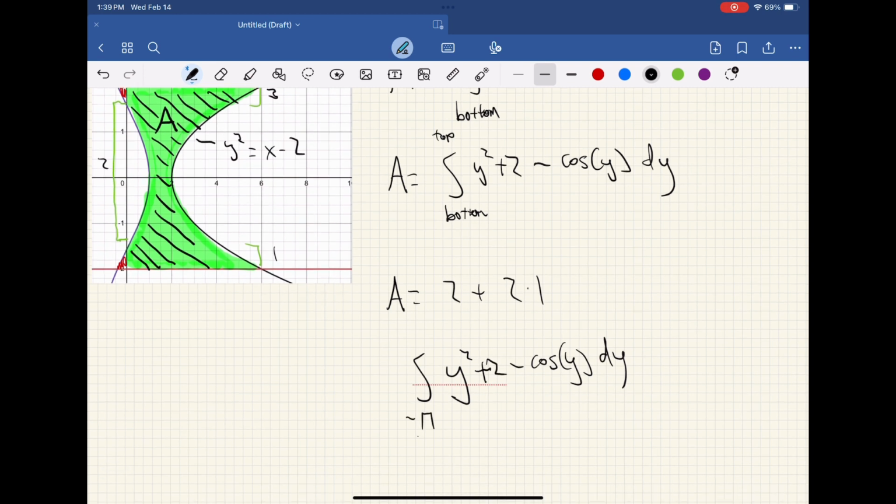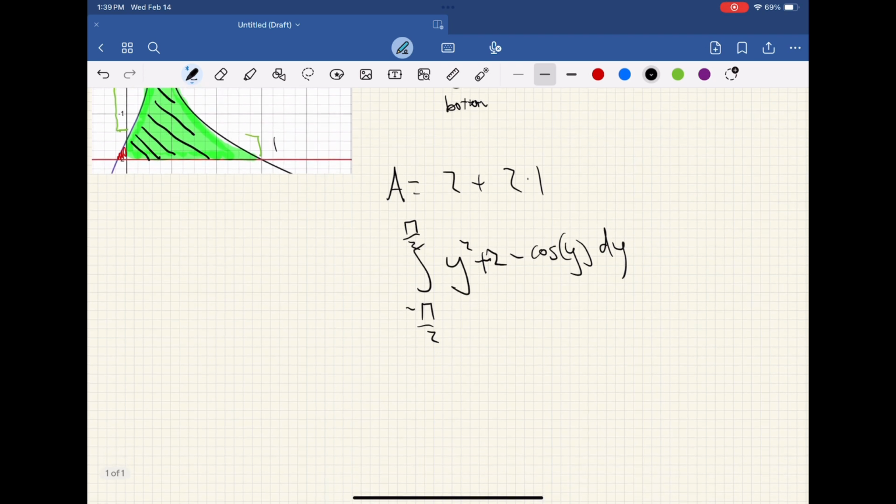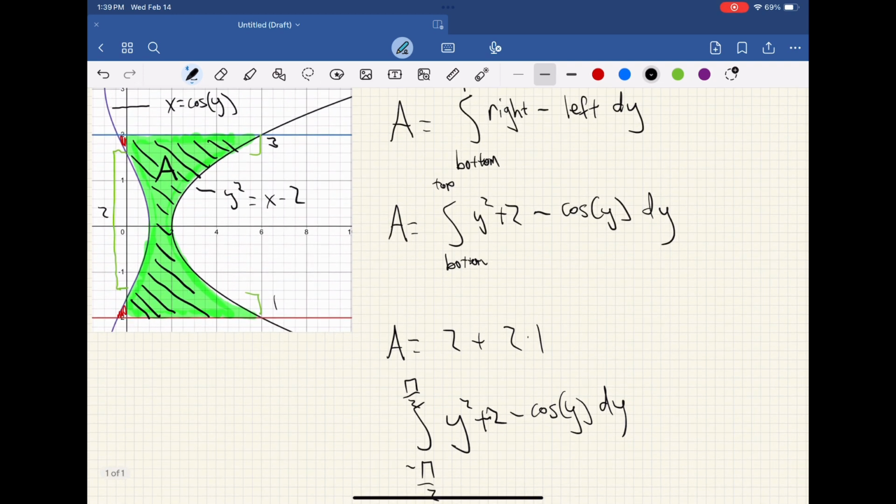So we're going to say negative pi over 2 to pi over 2 as our limits. And an easier way to do this, actually, is to notice that we have some symmetry there. As you can see, this part is the same as this part.